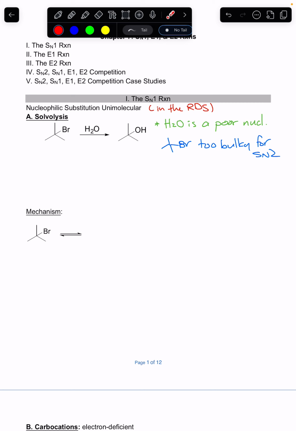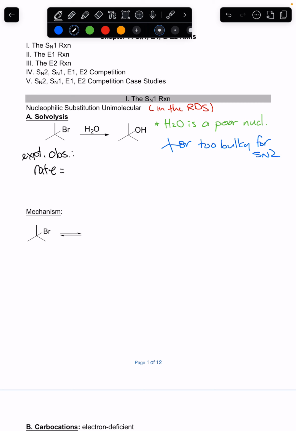So when an SN2 reaction can't happen, an SN1 reaction indeed does happen. Here's the experimental observation that you can make, and this is the reason why we know the mechanism is an SN1 mechanism, as we'll see. The one thing you can observe is how fast the reaction takes place.